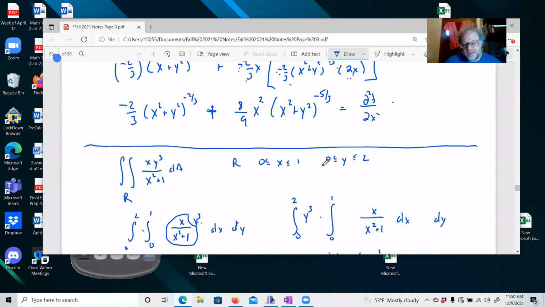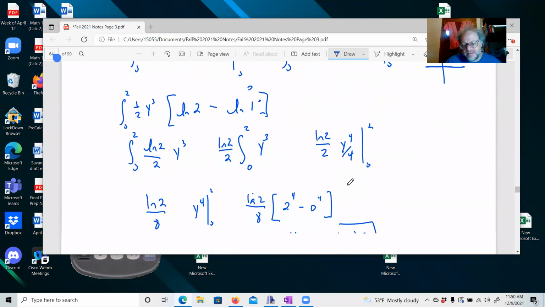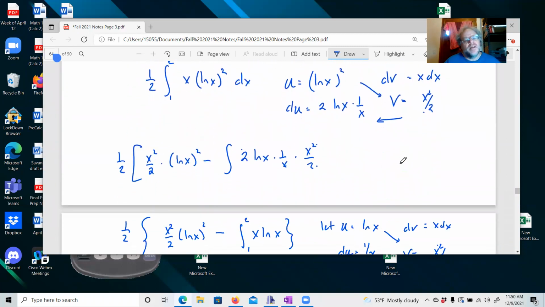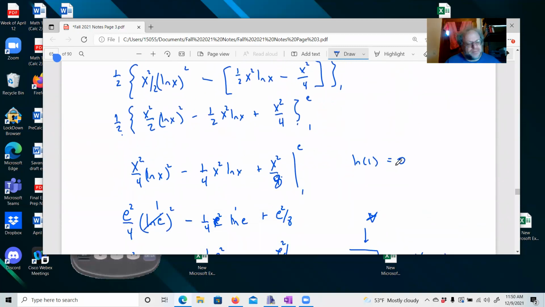So when we did that down here, we're integrating over this weird kind of cusp thing. That's the shape we're integrating over. So if you shine the flashlight straight down on what we were integrating, this is the shadow it would make on the ground. So there's our problem.